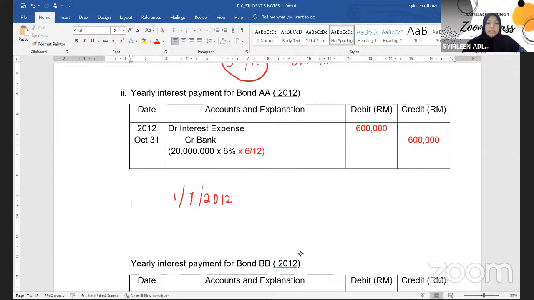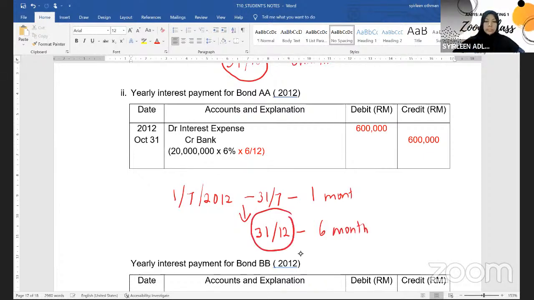Okay, so 1st of July sampai 31st of July is considered 1 month. So bulan yang ke-6 tu is 31st of December. Kebetulan tarikh closing. Okay, so saya pun bayarlah pada tarikh ini sebelum closing entries.